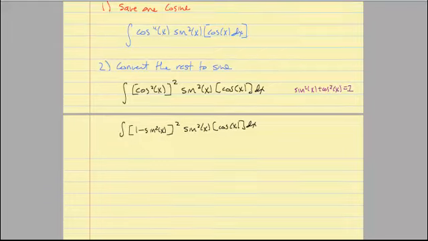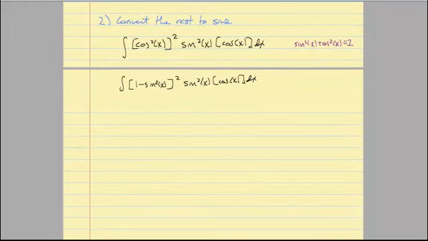Okay, then our third step, if we look back up, is to expand and integrate. Now the way that we're going to expand is to distribute through. When we expand, we take this 1 minus sine squared of x and we actually FOIL it out, first, outside, inside, and last, and we're going to do that before we distribute.